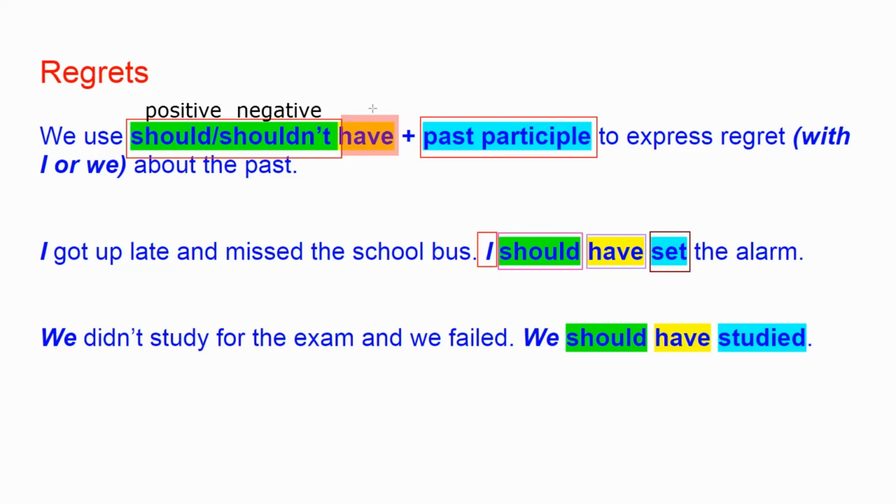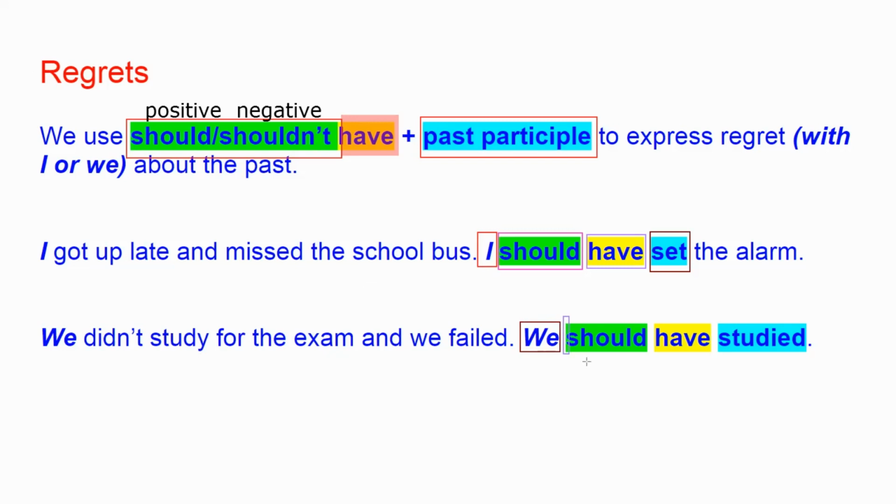Muy bien. The next example. We didn't study for the exam and we failed. We should have studied. Now over here, guys, what can we see here? ¿Cuál es lo primero que vemos aquí? El pronoun. ¿Y qué pronoun tenemos aquí? We. Alright. Esto nos indica que estamos haciendo un regret. Ahora, ¿qué tenemos después del pronoun?